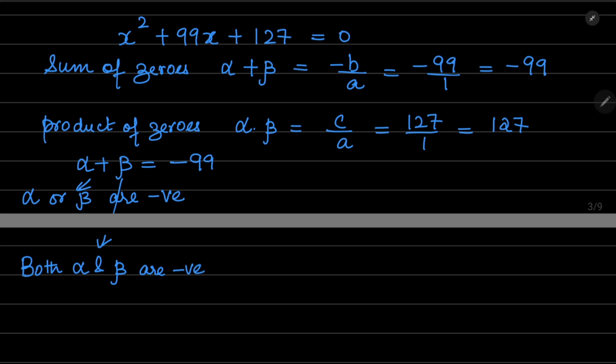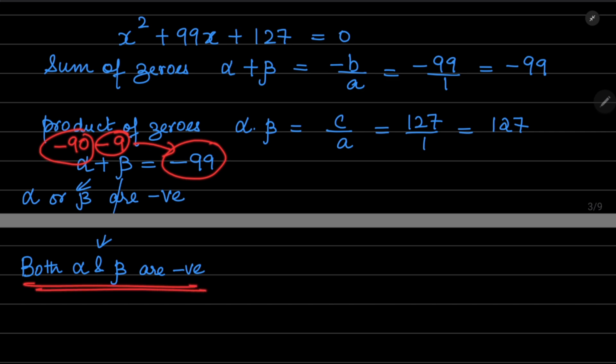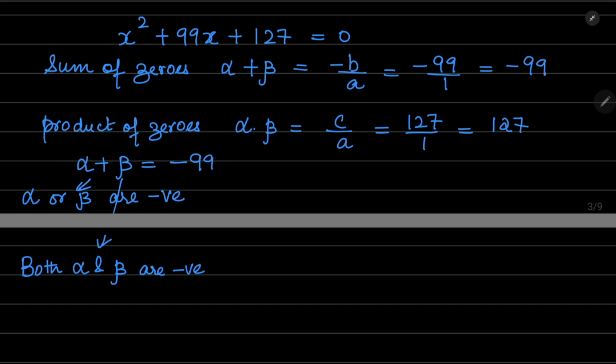For example, if I have minus 100 plus 1, alpha is negative and beta is positive, or 1 minus 100, the answer is going to be minus 99. That's the first case, either alpha or beta negative. Or if I have minus 90 minus 9, when both alpha and beta are negative, it is going to be negative. So these are the two scenarios that are possible for the sum to be minus 99.